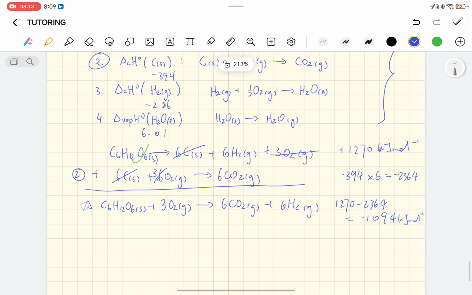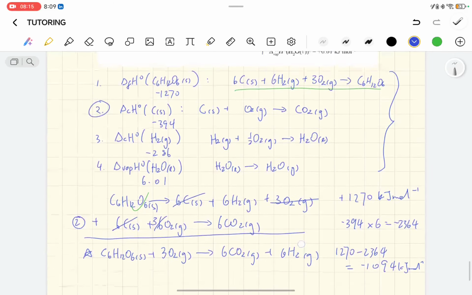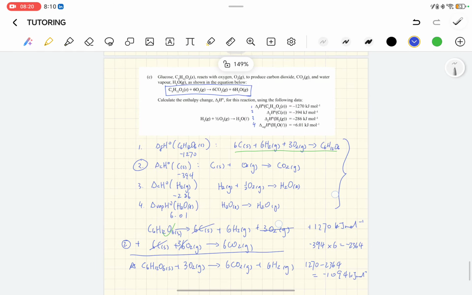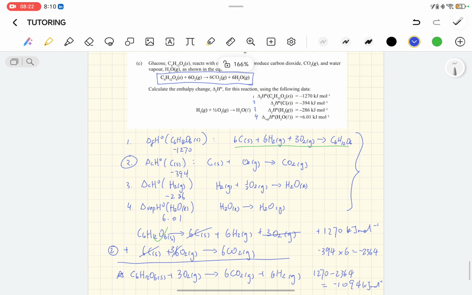Now I have this reaction. Let's again look at what we do want and what we don't want. We do want the solid glucose. We need more oxygen. We do like the carbon dioxide, and we don't want the H2.